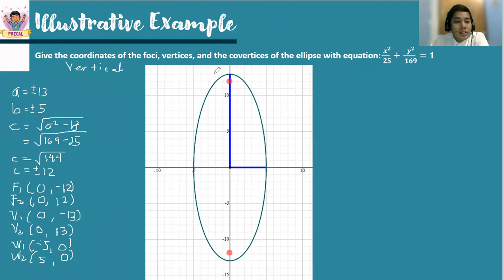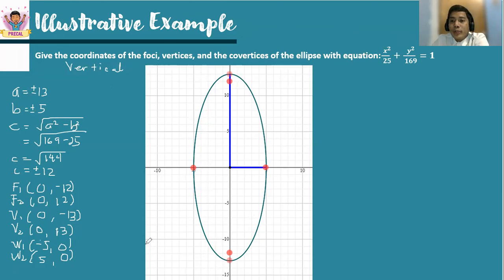So these are the foci of the ellipse. The vertices are located here. While the co-vertices are at negative 5, 0 and 5, 0. So I hope you got it easy on how to get the foci, the vertices, and the co-vertices.